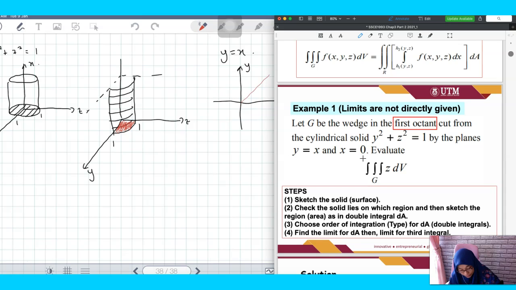After that we do the projection. So this is a new y and this is a new x, and we have a similar line. So your plane is actually this one. That is the plane of y equal to x.